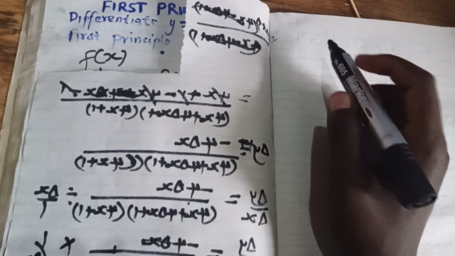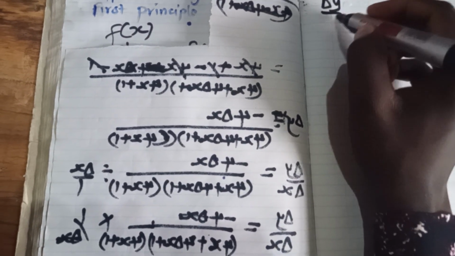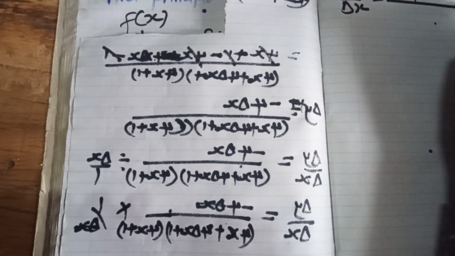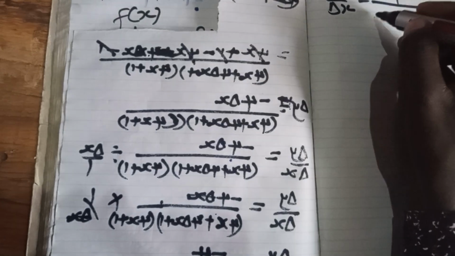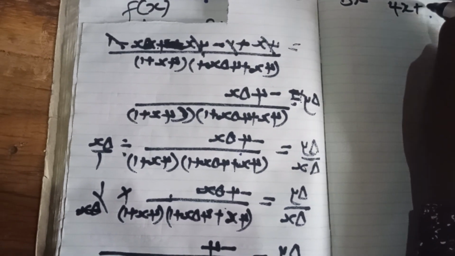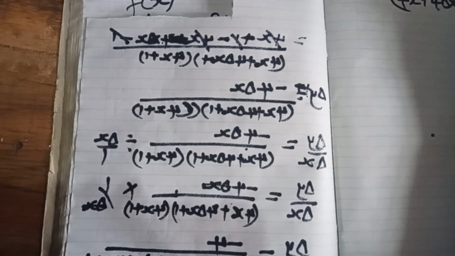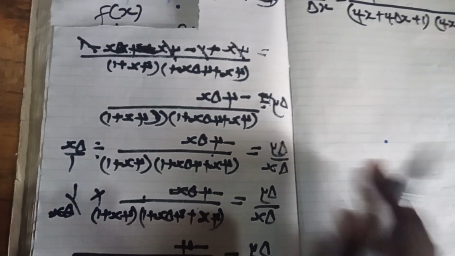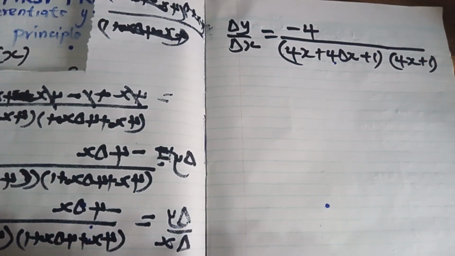Then we have this, we will say the limit of change in y over change in x being equal to negative 4 all over 4x plus 4 change in x plus 1. Then we have 4x plus 1. So we have to replace the value of change in x by 0.